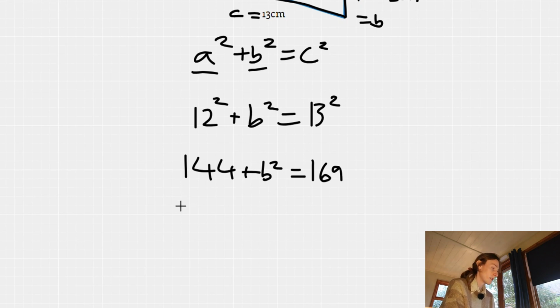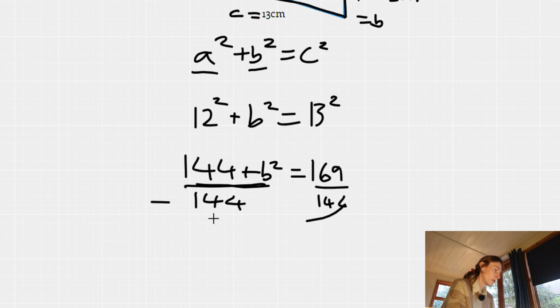Now we've got to do some rearranging. So we can minus each side of the equation, the left hand and the right hand, by 144. So let's do that super quick. The reason we do 144 is to get this b term, the unknown term, by itself.